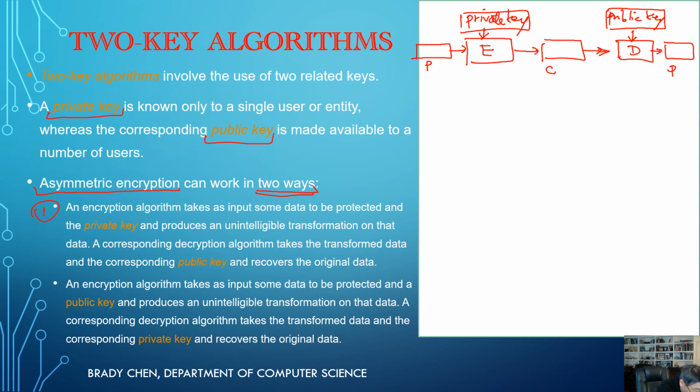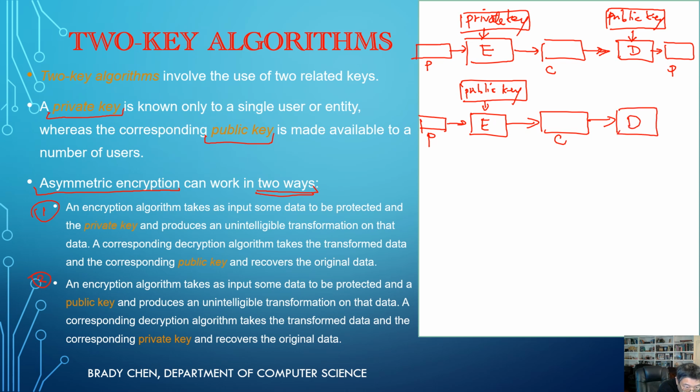So the second way is to encrypt the plain text using the public key. You're going to generate an unintelligible ciphertext, and then on the decryption side, you're going to decrypt it using the private key.